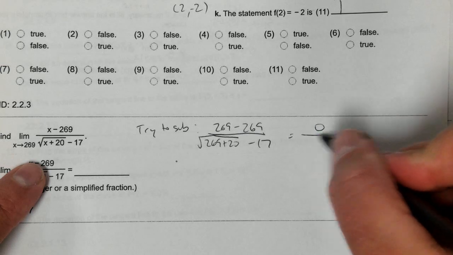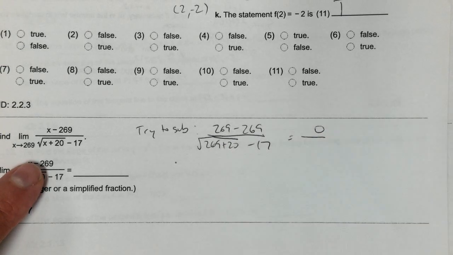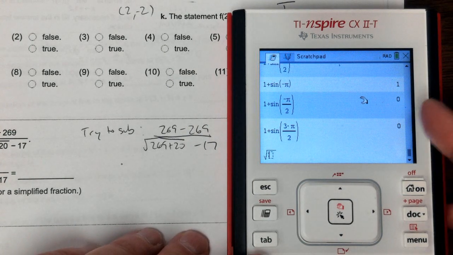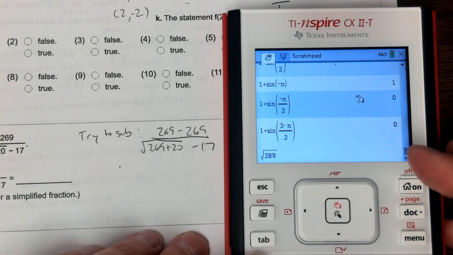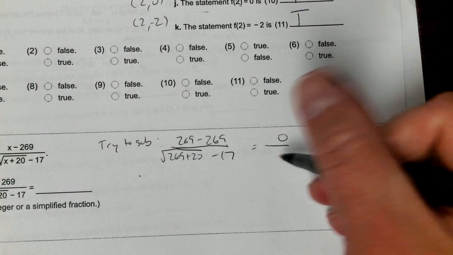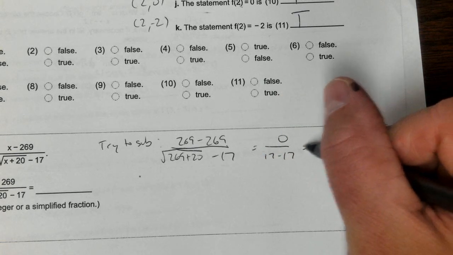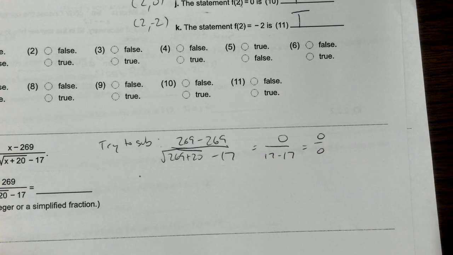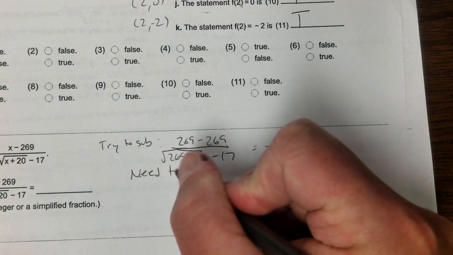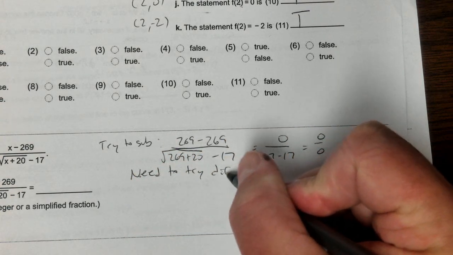So this would be 0 divided by the square root of 289. The square root of 289 is 17. So we get 0 over 17 minus 17, 0 over 0. Now what that means is you need to try a different way.